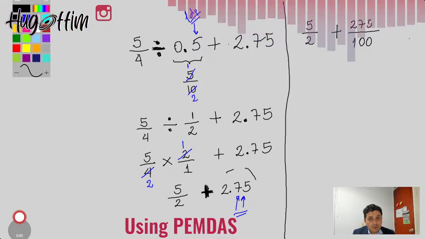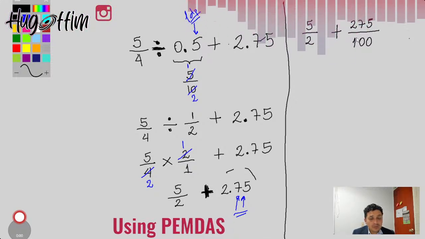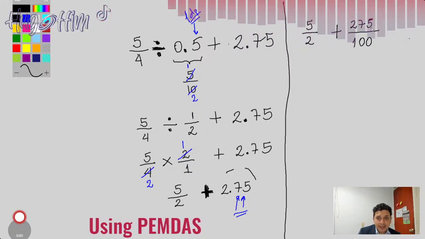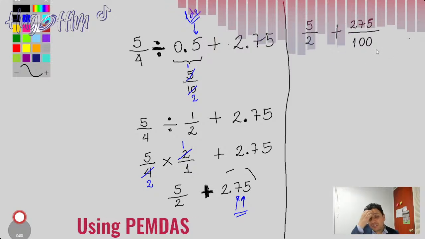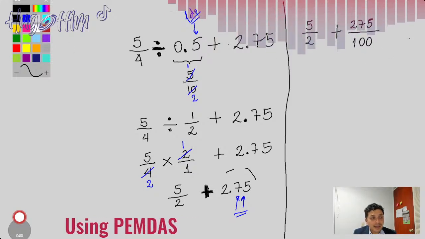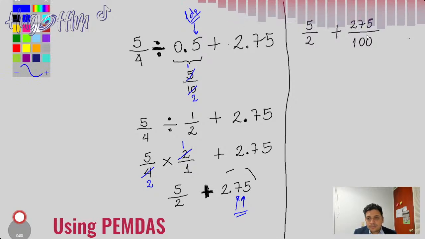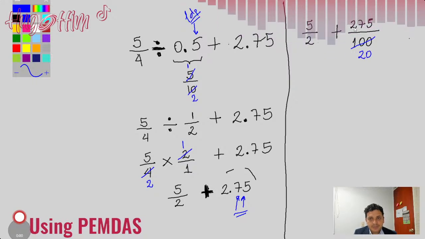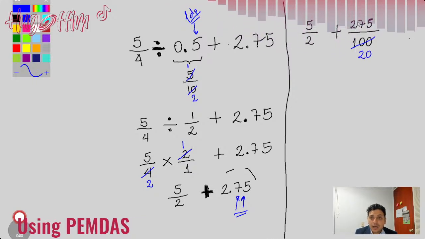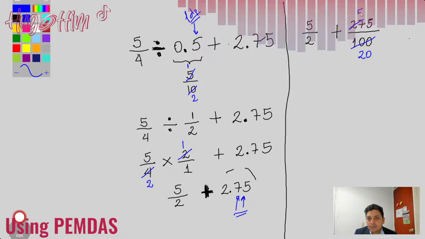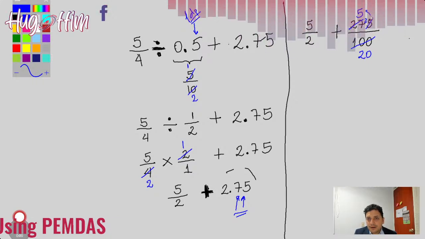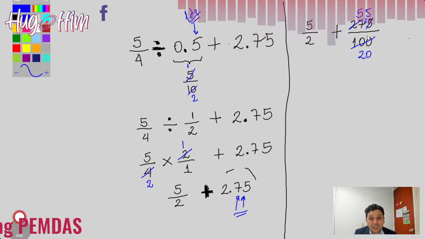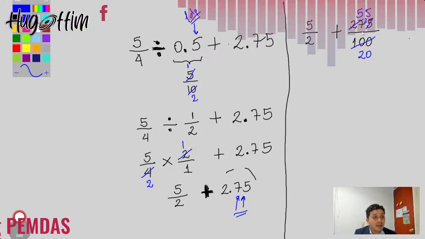Now, if you want to work it out in simplest form, use the rules of divisibility. Ends in 5, ends in 0. So I'm going to divide by 5. If you divide by 5, you're going to simplify this fraction. So if I divide by 5, I'm going to get 20 here. And if I divide by 5 here, I'm going to get 55. 55 over 20. Look at that. I can continue dividing by 5. So I'm going to divide by 5 again.